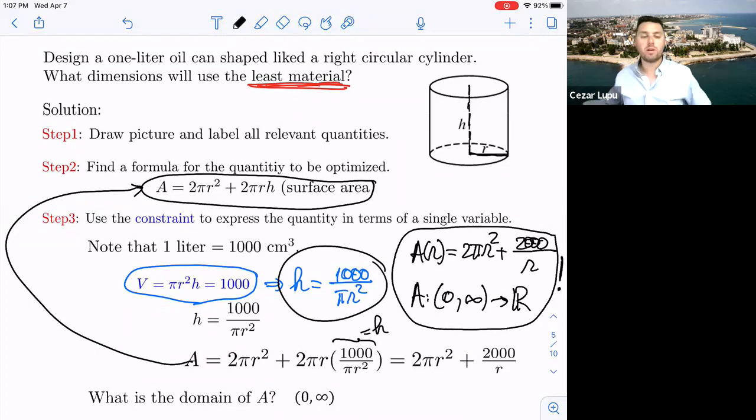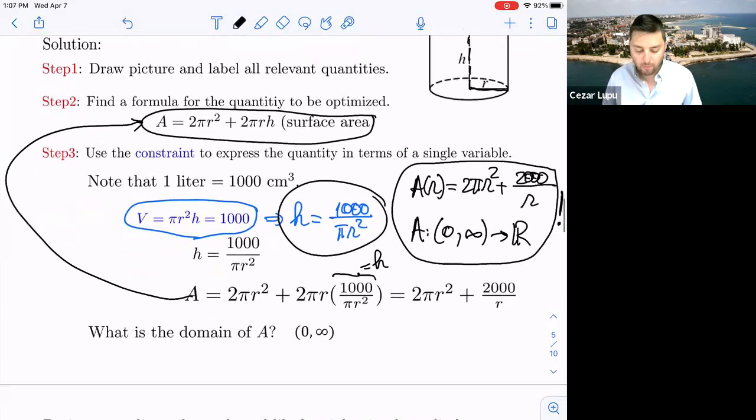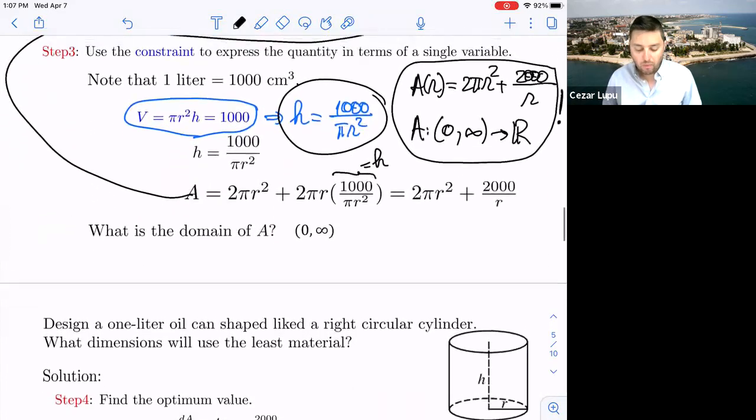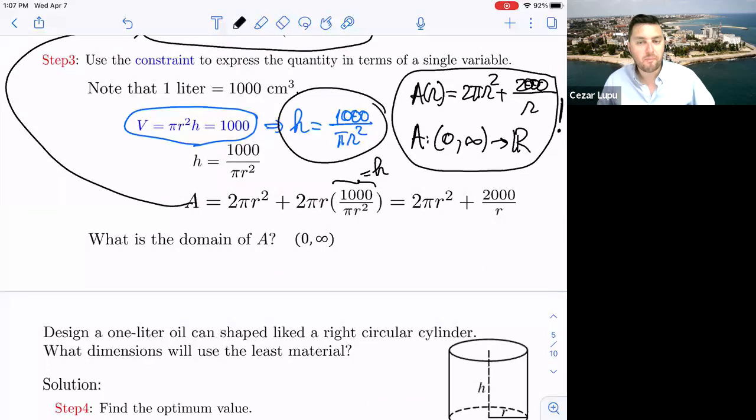Now, what do we need to do? Well, we would like to find the optimal value. So how are we going to do that? We're going to compute the derivative, right? So the derivative, let me write it here, A prime of r.